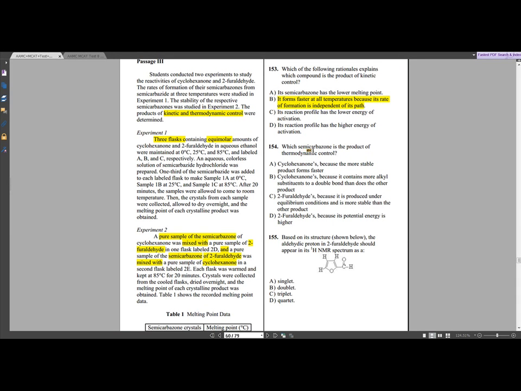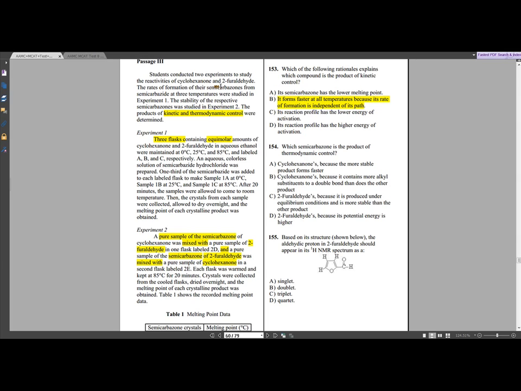So which semicarbazone is the product of more stable control, I guess. So what are the two carbazones then? I'm not sure what it's talking about at all.